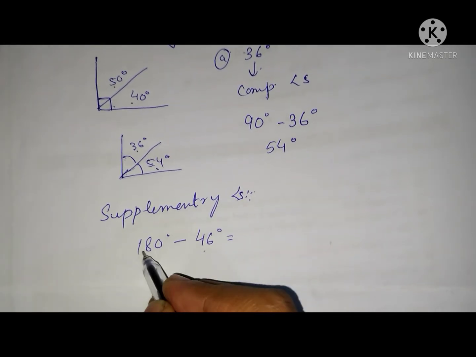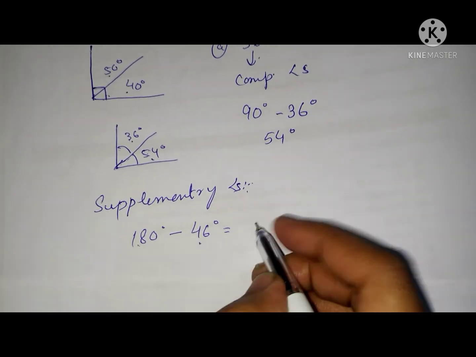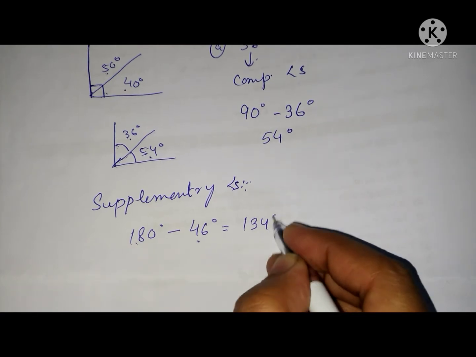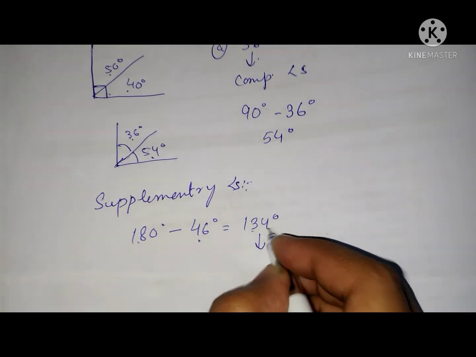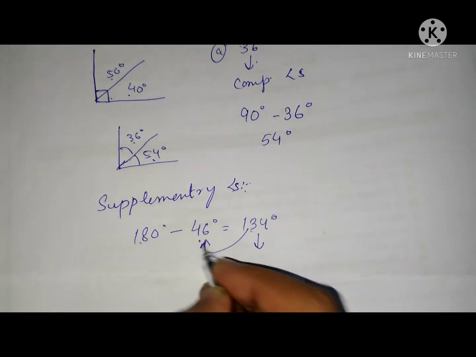So what should you do? 180 minus 46 degrees equals 134 degrees. So you can say 134 degrees is the supplementary angle of this 46 degrees.